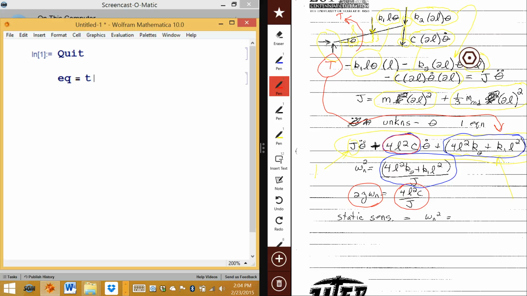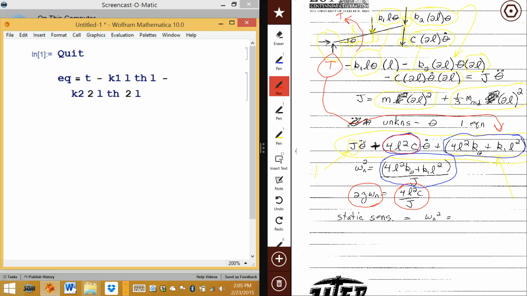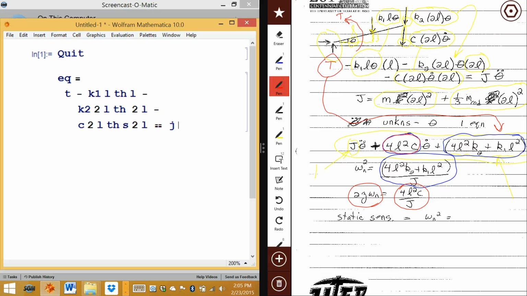So it's T minus k1 L theta, I'm going to say th for theta, times L, minus k2 times 2 times L times theta times 2 times L, minus C times 2 times L times theta times s times 2 times L, equals J s theta.